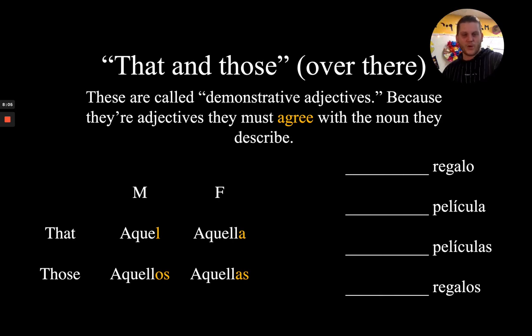Aquella película. Those movies over there. Aquellas películas. And those gifts over there. Aquellos regalos. Aquel, aquella, aquellos, aquellas. Those over there or that over there. Far away from us.